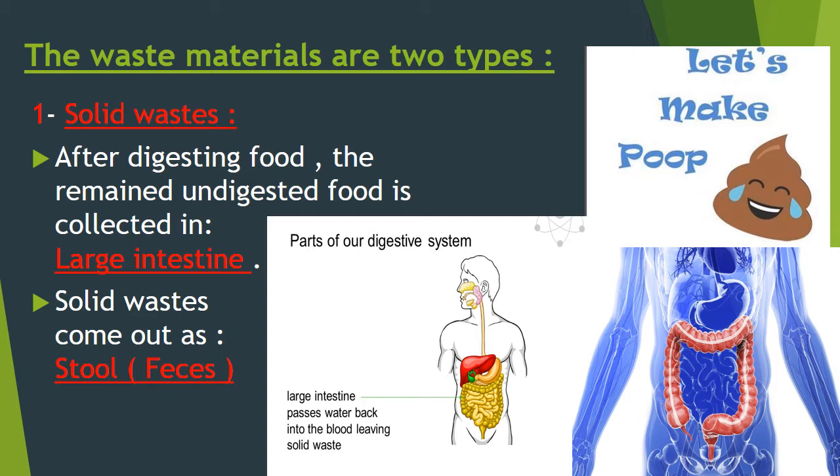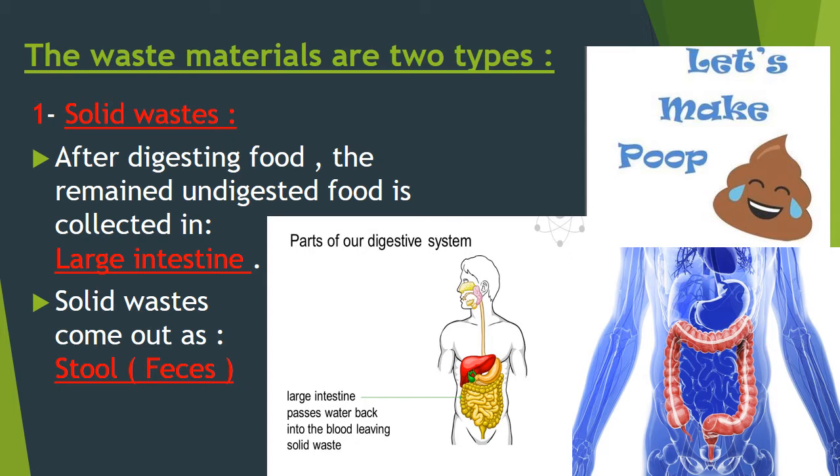What happens? After digesting food, the remaining undigested food is collected in an organ called the large intestine. Do you remember the large intestine from the digestive system you have taken in grade 4? The large intestine is the organ that you are seeing in the pictures. It's an organ or a part in our body that carries the undigested food, okay?